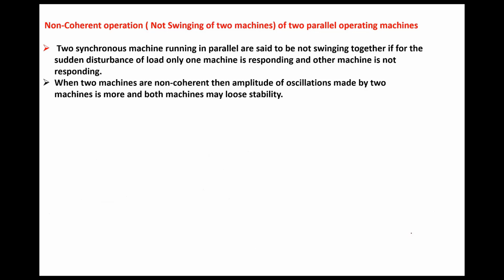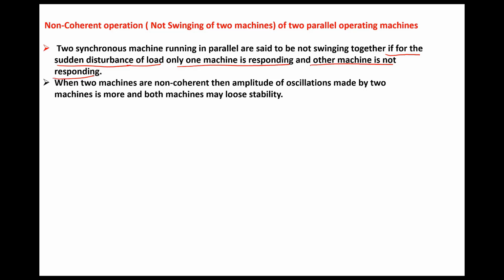The next point is non-coherent operation, or not swinging together of two machines. So two synchronous machines running in parallel are said to be not swinging together if, for a sudden disturbance of load, only one machine is responding and the other machine is not responding. So whenever there is a sudden disturbance, that sudden disturbance is taken up by only one machine, the other machine does not respond. Such an operation is called non-coherent operation.